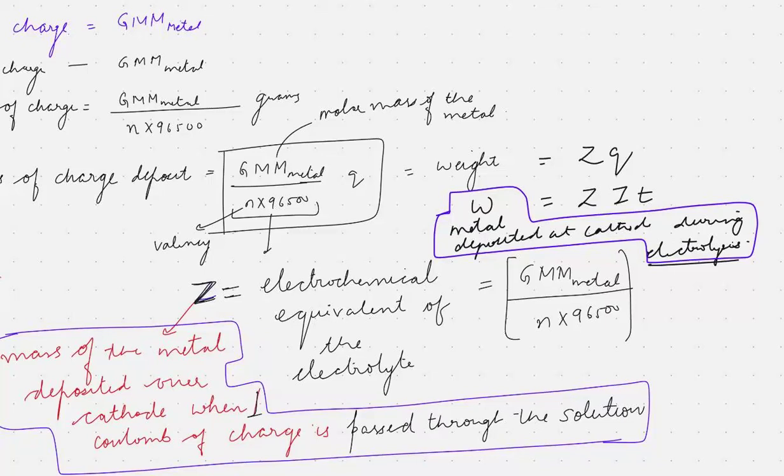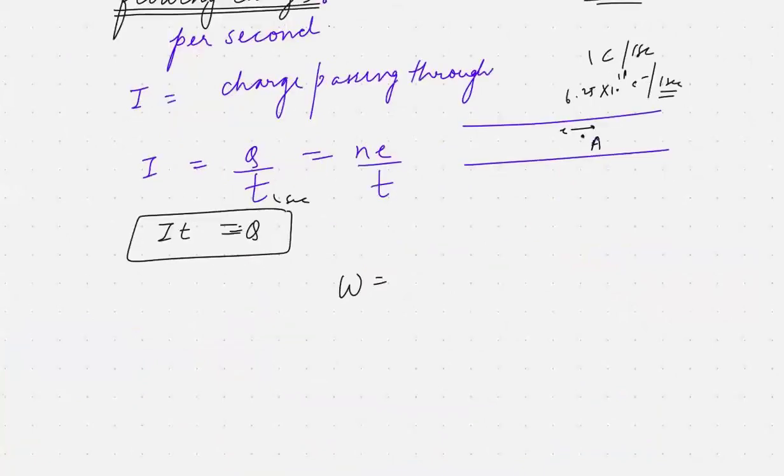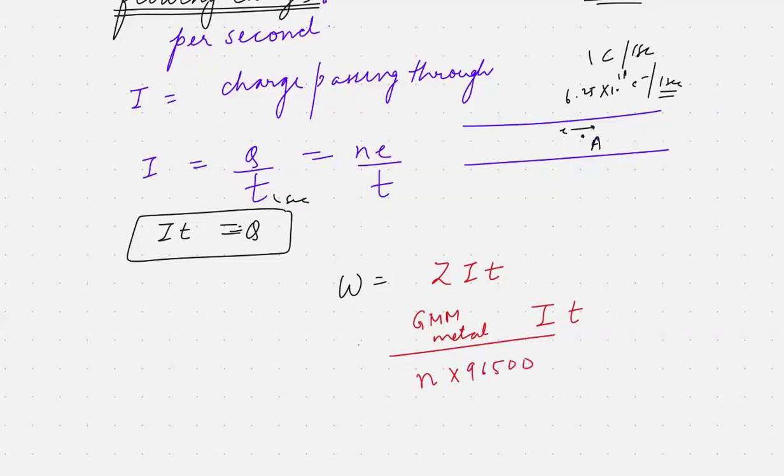So you understand that when W is going to be ZIT, the formula here becomes ZIT. Z is what? Molar mass of the metal divided by valency of the metal into 96500. So this is going to be the weight.